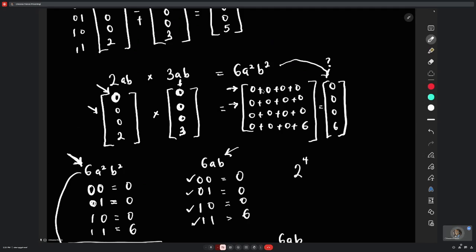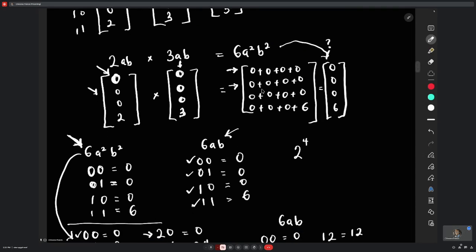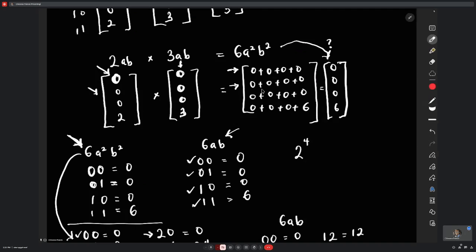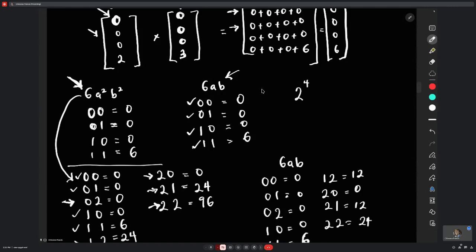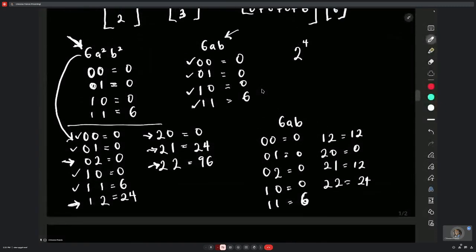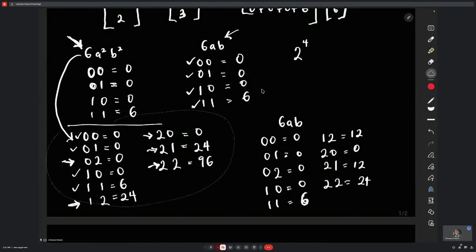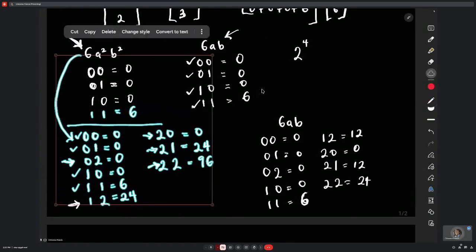But then we'll be 100% sure that this polynomial in evaluation form is what we expect.